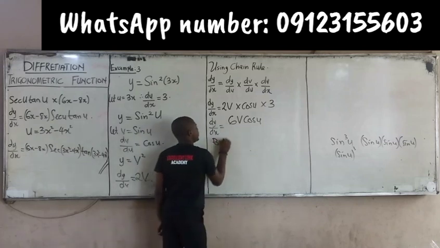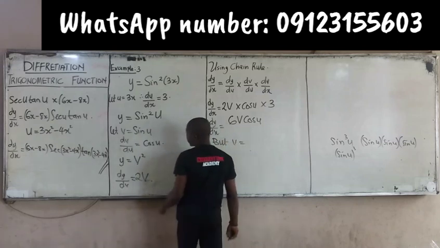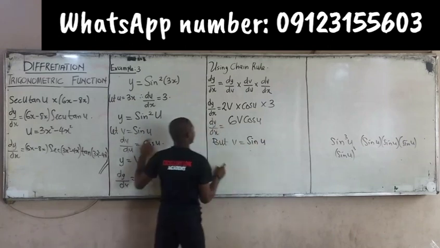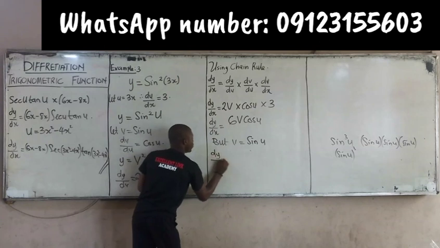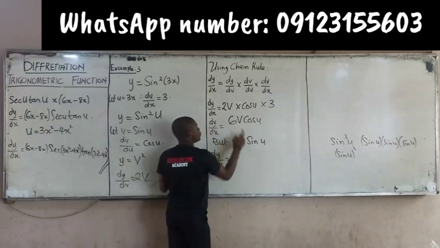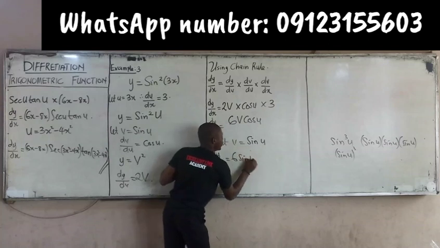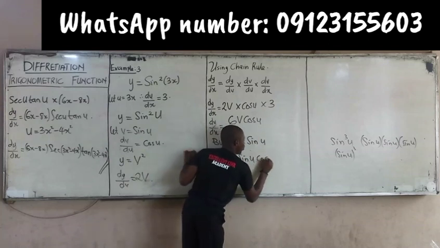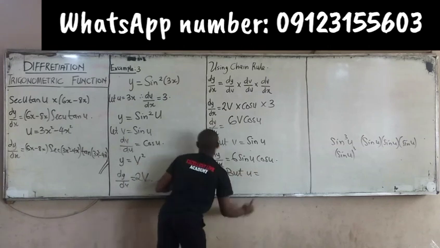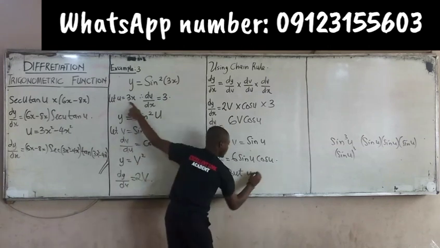But we said v was sine u. So that means that dy/dx is now equal to 6 sine u cos u. But u was said to be 3x.